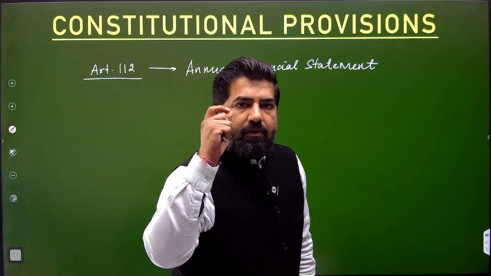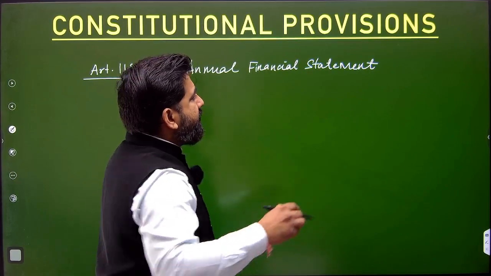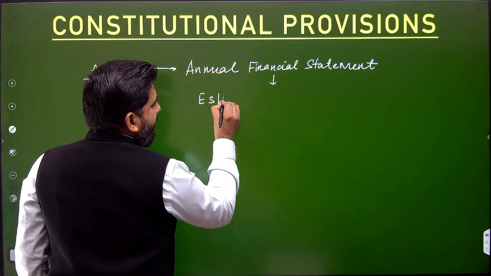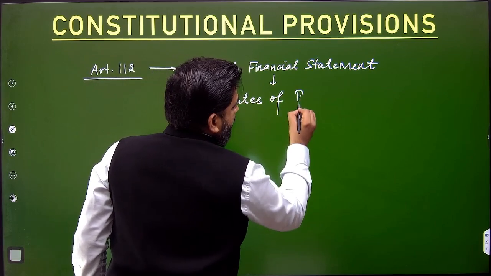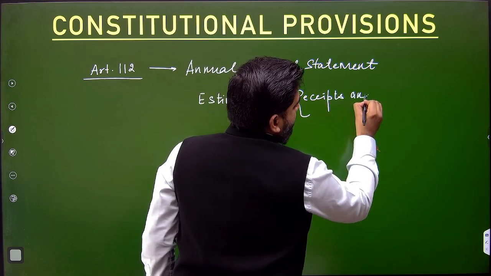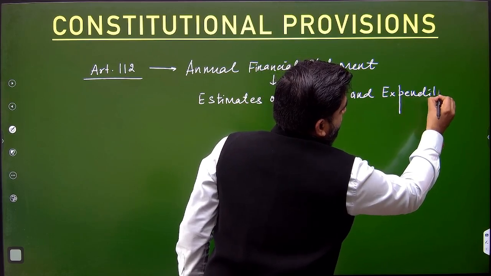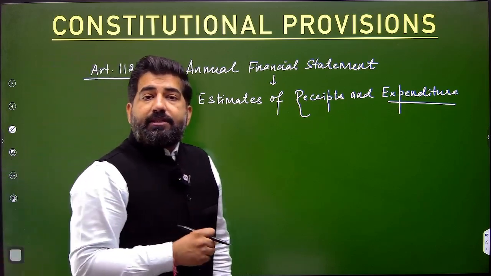What is mentioned in the constitution is an annual financial statement, which gives an estimate of receipts and expenditure. Estimates of receipts and expenditure, guys. This estimate of receipts and expenditure is the annual financial statement.